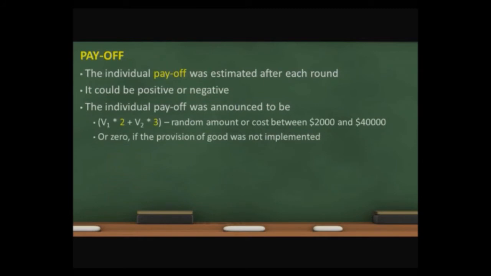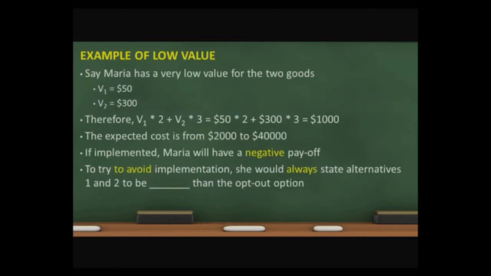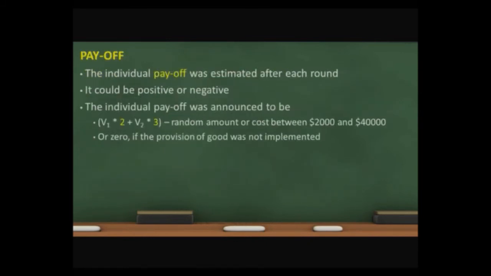It's a bit complicated, so I'll explain how this works in 3 slides, this one, and this one. Then I'll ask a question to see whether we understood the mechanism. First, the payoff, what I receive at the end of each round. The payoff can be positive or negative, and it's the difference between my value and what I have to pay.